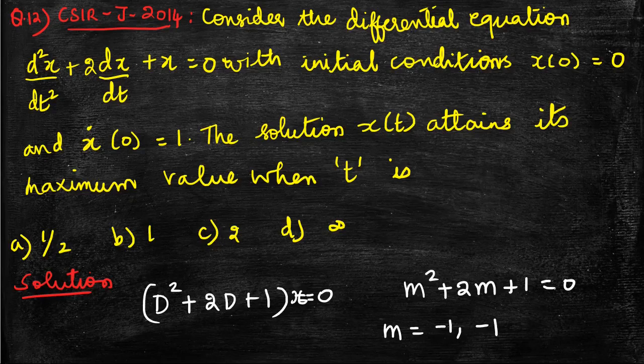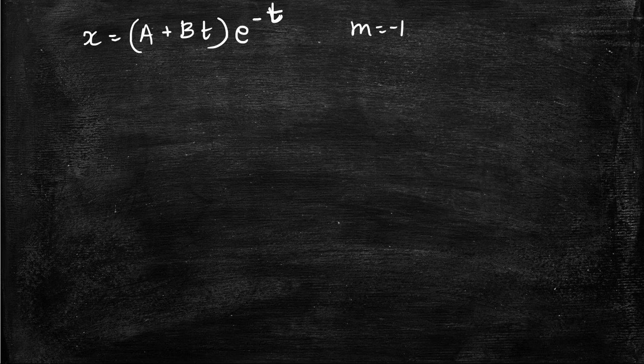So these are real and equal. So for the real and equal case, what do we have to do? The solution will be of the form x is equal to (a plus bt) e power minus t, because here m is minus 1.